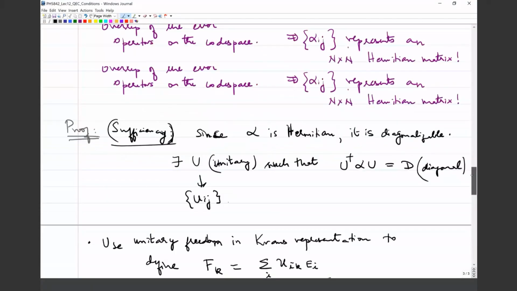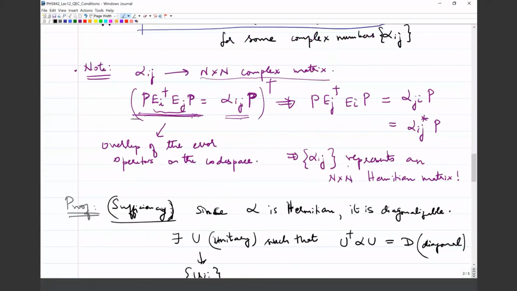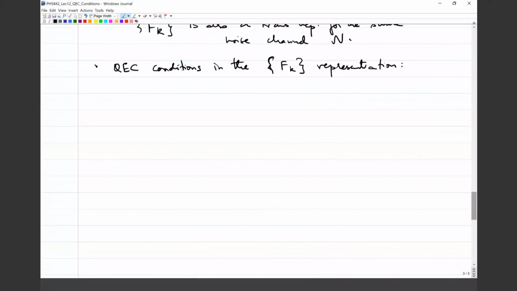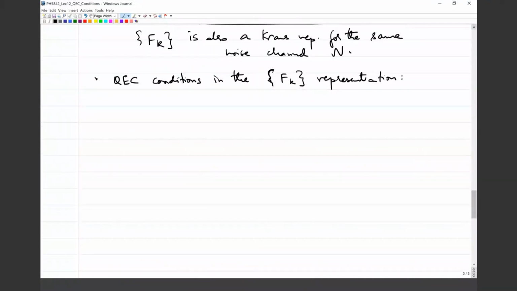We assume that this condition holds, right? So we start from here, and then because alpha is Hermitian, we can diagonalize it. And in diagonalizing it, you get this unitary operator U, then you use that unitary operator in order to rewrite your Krauss operators into a different set. And what happens to this condition for this different set?